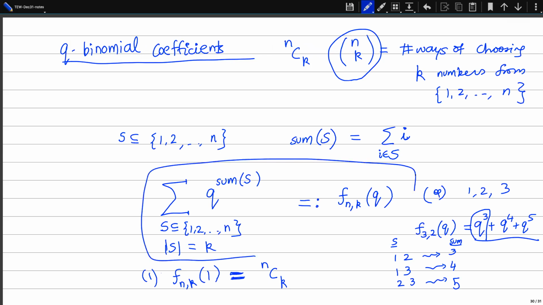Remember my definition: which choice will give me the lowest power of q? 1 plus 2 plus 3 till k, absolutely.